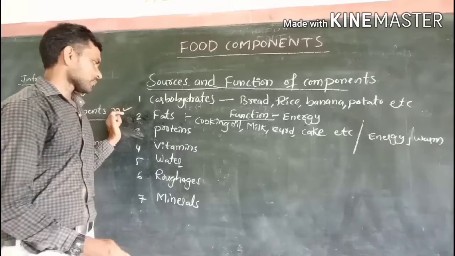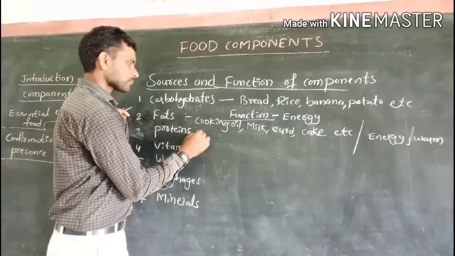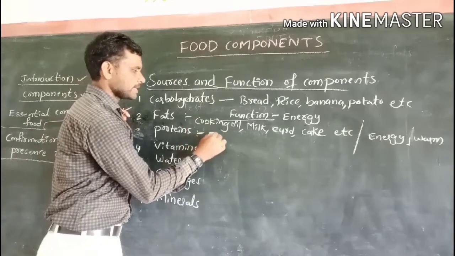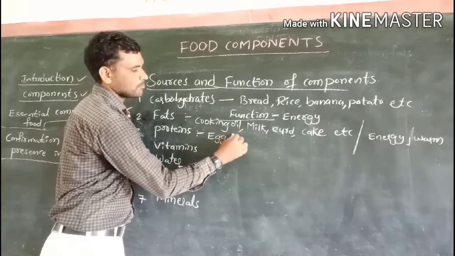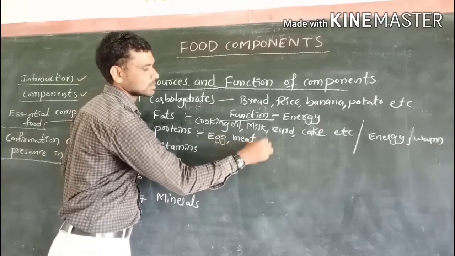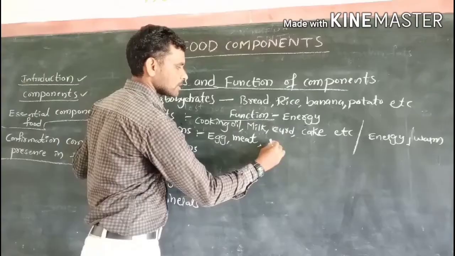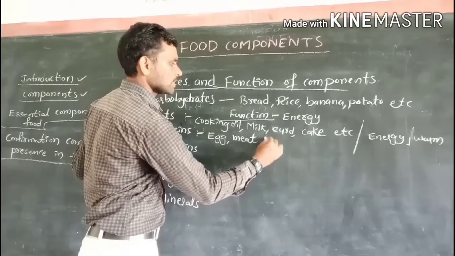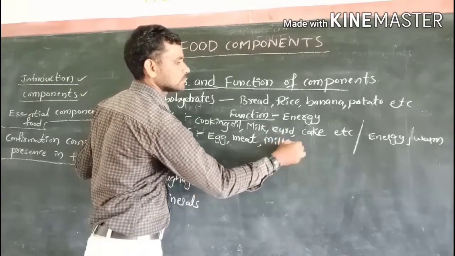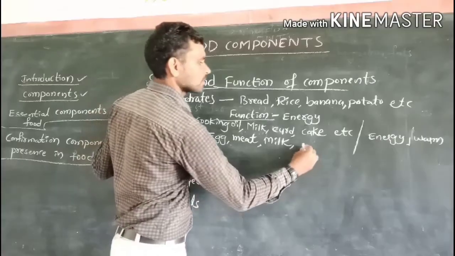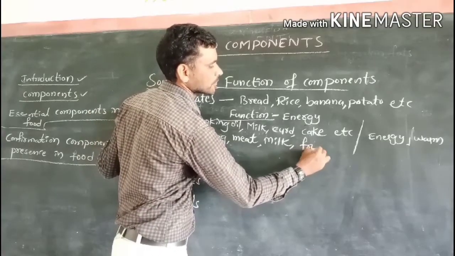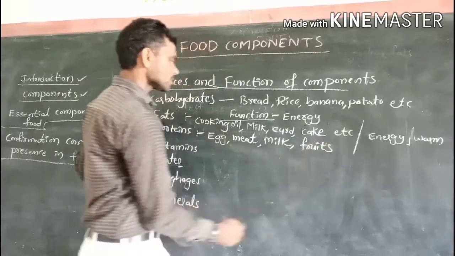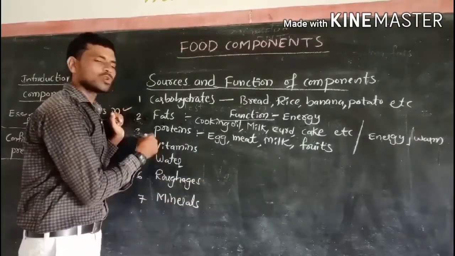Next, protein. So sources. Egg, meat, different types of milk, different types of fruits. So these all contain proteins.